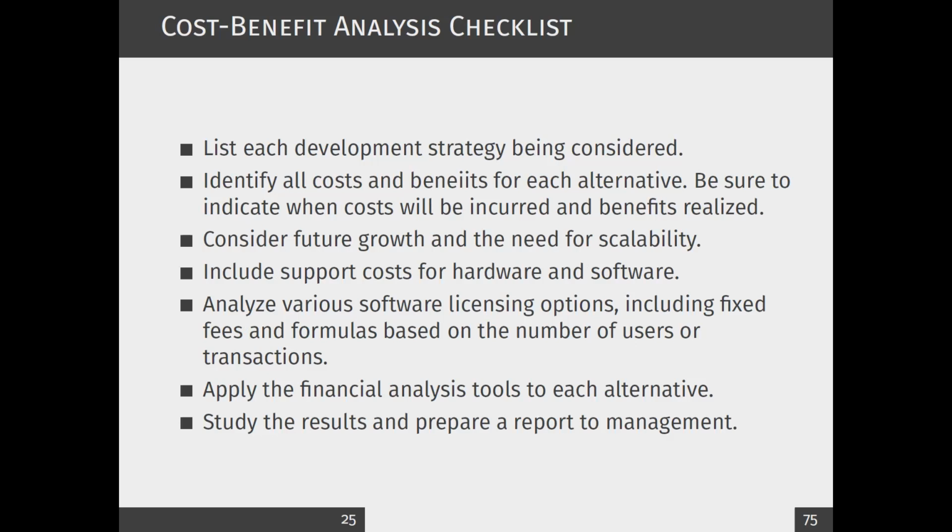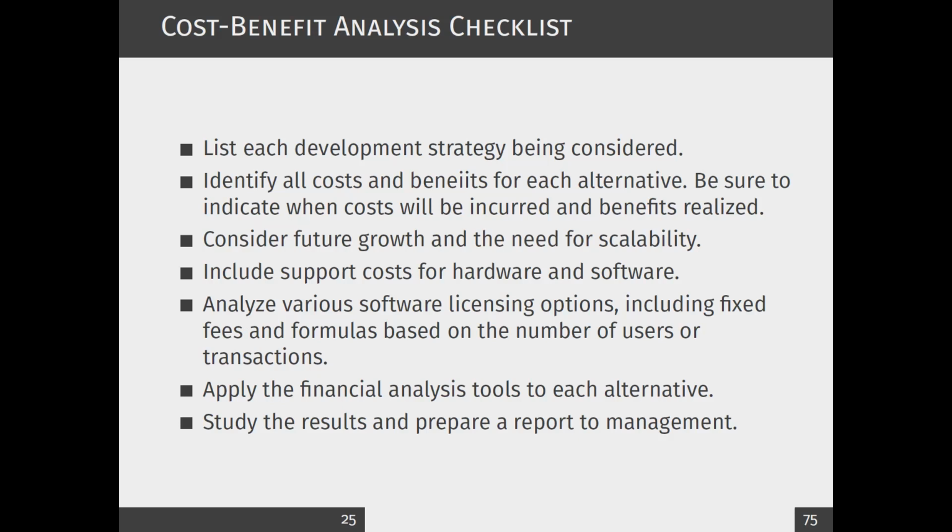So in a cost benefit analysis checklist, usually we have to list each development strategy, whether you are going to develop, whether you are going to buy or customize. And you have to identify all costs and benefits, right? And then you have to think what will happen in the future as well.